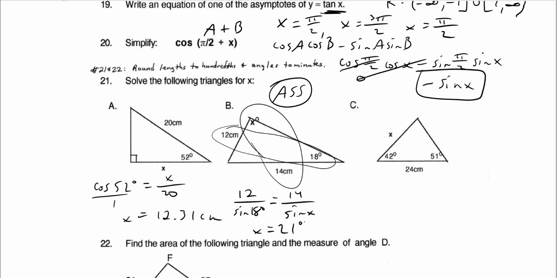Okay, so in order to find out if there's a second triangle, remember you do 180 minus 18 minus 21. That's 39, so 141, I believe.